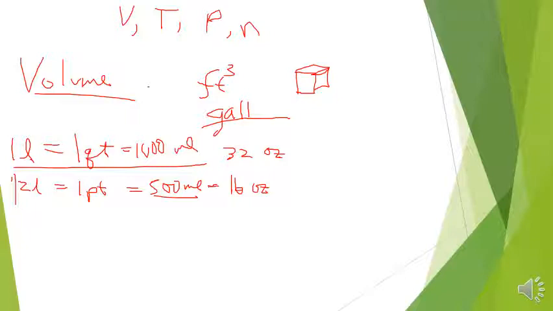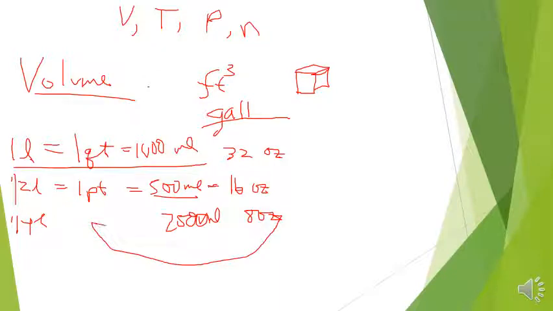Now if you go down further, if you have half of a half, or a quarter of a liter, that's going to be 250 mils. And how many ounces is that? 8 ounces.